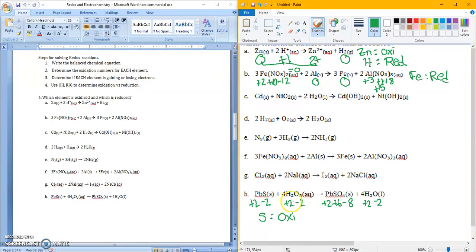Then hydrogen goes from a +2 to a +2. Oxygen, remember one oxygen went from a -1 to a -2. So he actually had to gain an electron. So in this case, oxygen is undergoing reduction.